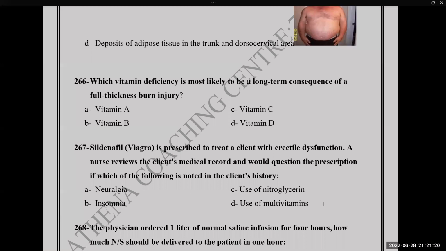Why? Because it is heart related. Exactly. Nitroglycerin is a vasodilator.